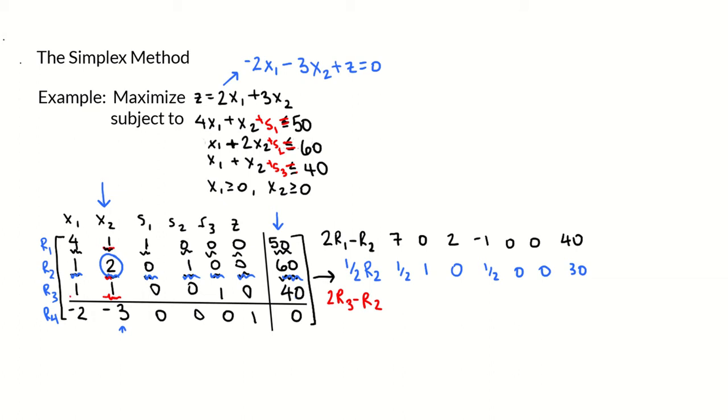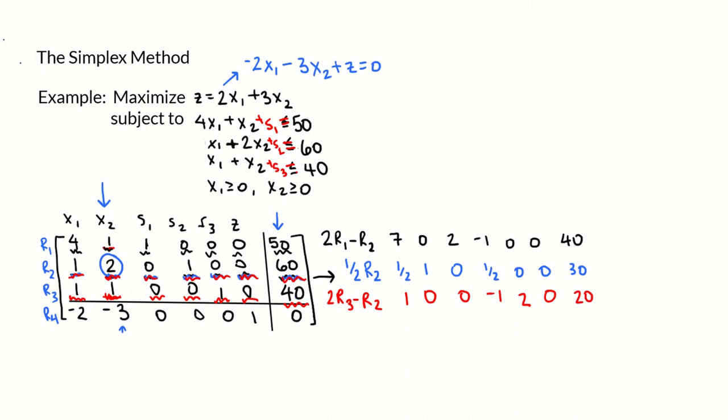But we go entry by entry, so 2 times row 3 here would be 2 times 1 minus 1 is 1. 2 times 1 minus 2 is 0. 2 times 0 minus 0 is 0. 2 times 0 minus 1 is negative 1. 2 times 1 minus 0 is 2. 2 times 0 minus 0 is 0. 2 times 40 minus 60 is 80 minus 60, which is 20. So that's our new third row.